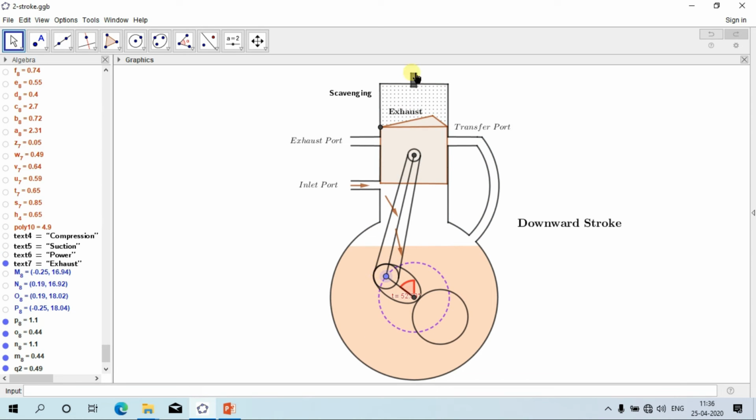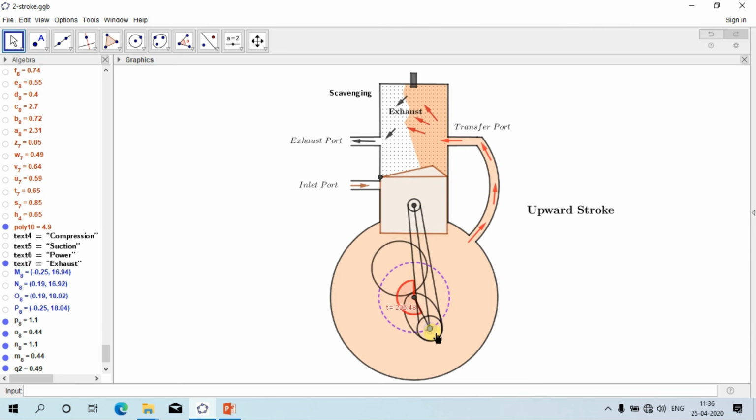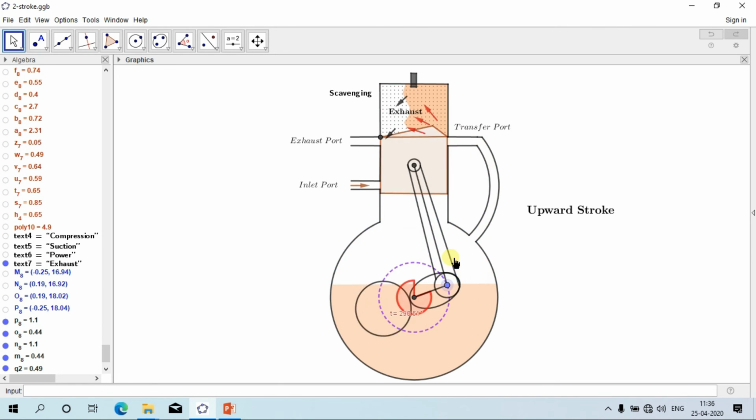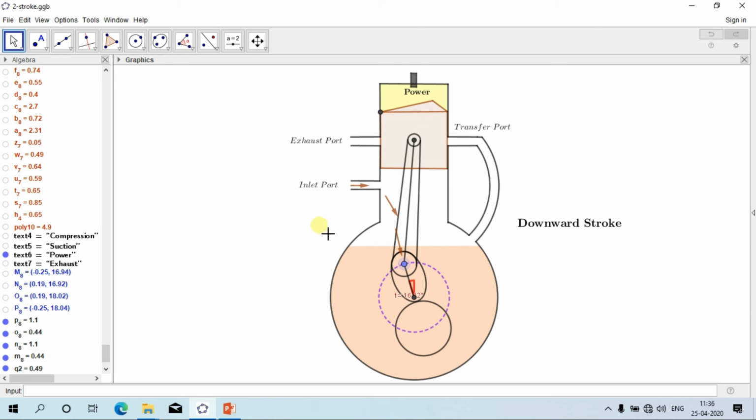And one more thing, in a petrol engine we are using a spark plug. In a diesel engine, instead of a spark plug we will use a fuel injector. So in a two-stroke engine there are many processes going on simultaneously, but one thing to keep in mind is that all these processes are completed in two strokes only.